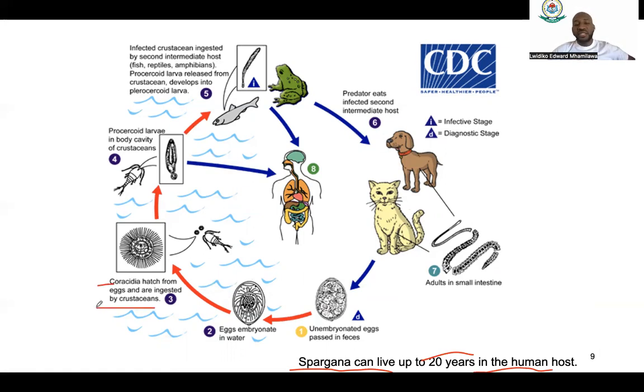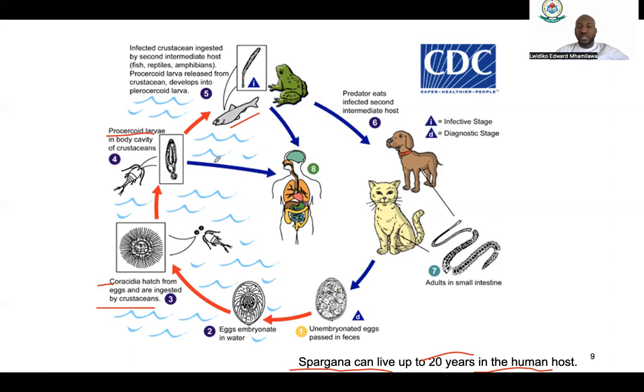Now, these are the crustaceans such as Cyclops that I've mentioned. Inside the body of the crustaceans, these coracidia develop into procercoid larvae. At this stage, these crustaceans are very small, so they could be eaten by fish, or they could be swallowed by a human being through ingestion of contaminated water.